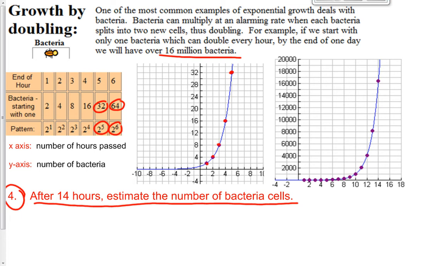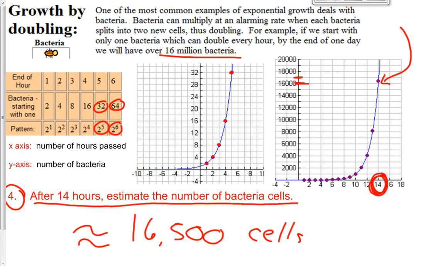Looking at the graph, after 14 hours the x value is 14, so estimate the y value. It's that point right there. How many cells are there? I would say it's in between 16,000 and 17,000. If you say it's approximately 16,500 cells, I would give you the right answer on a test. All we're doing is interpreting the graph.